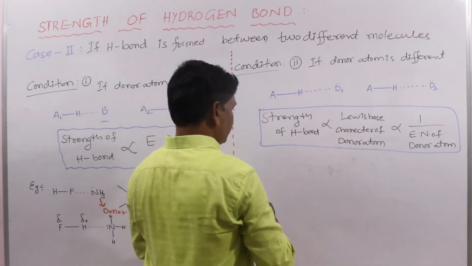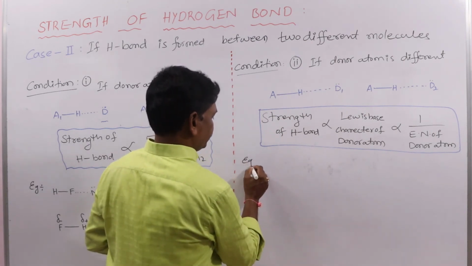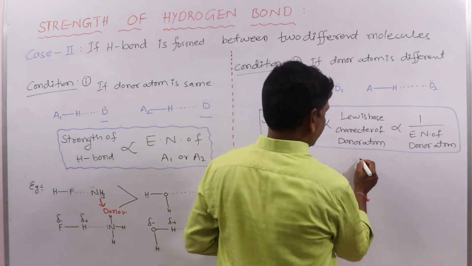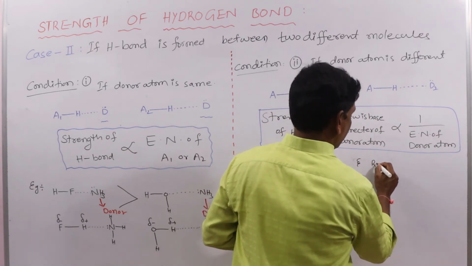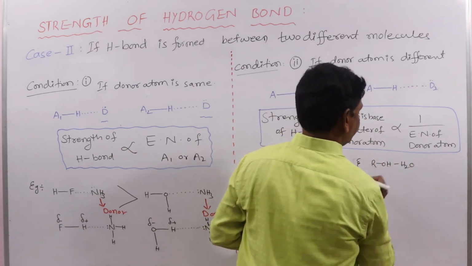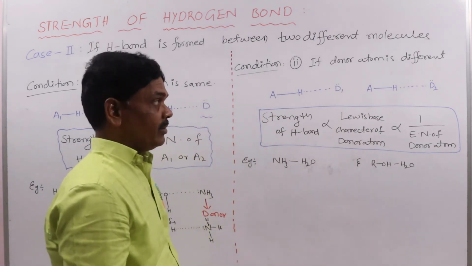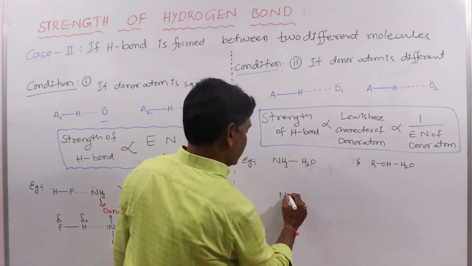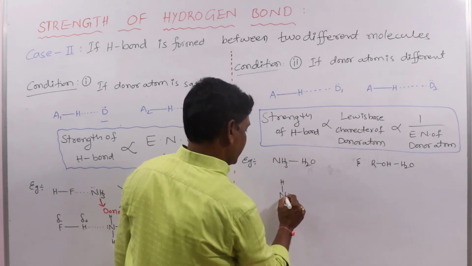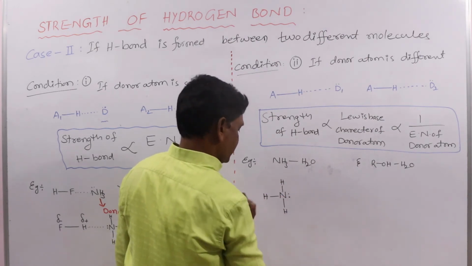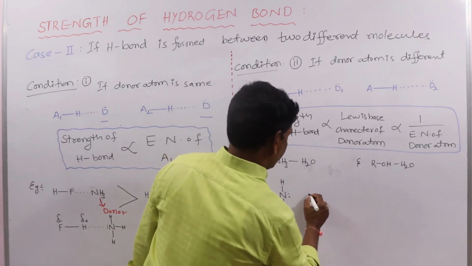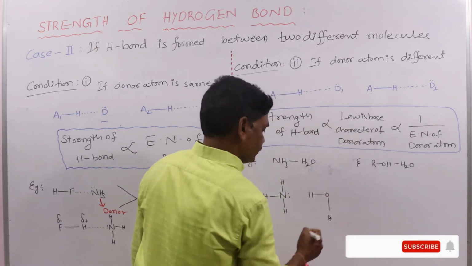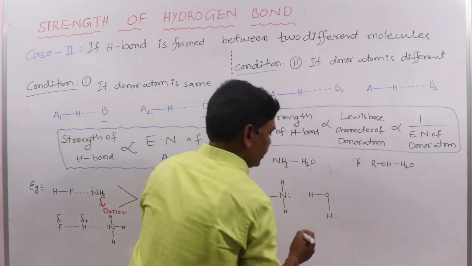For example, ammonia–water molecule and alcohol–water molecule. So now ammonia, a pair of electrons, hydrogen. Okay, so now here is the water molecule, HOH.